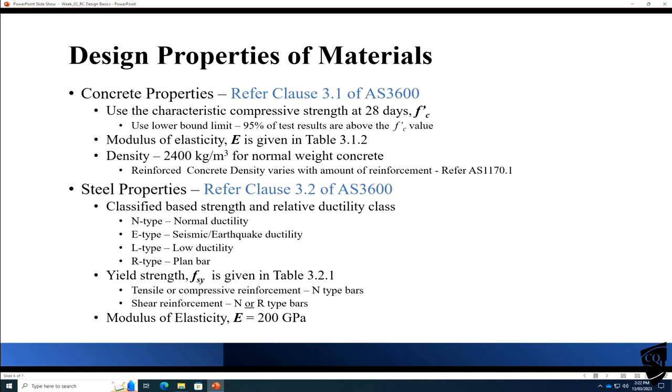We don't use that one now, but if you come across those bars in old structures, that is 400 MPa. The modulus of elasticity for the steel is given as 200 GPa. As you know, there's variation, but for design purposes we use 200. So these are the properties, and you should know where to get them.